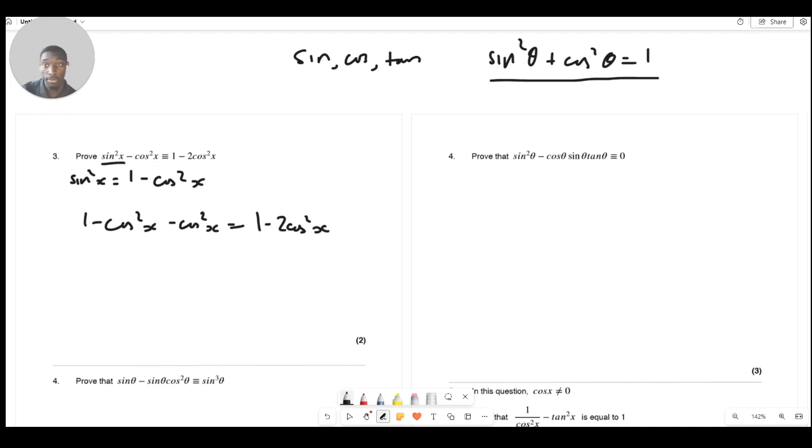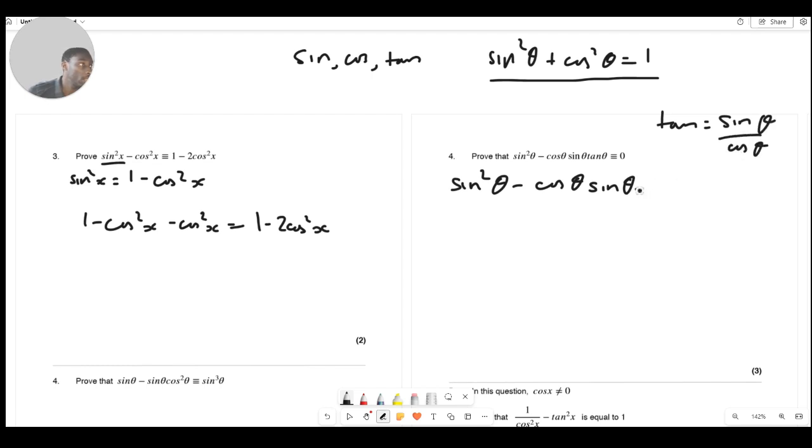So I know tan theta is going to give me sine over cos. So we can write that. So I'm going to keep the sine squared theta minus cos theta, sine theta, and we said tan equal to sine over cos theta, equals 0.